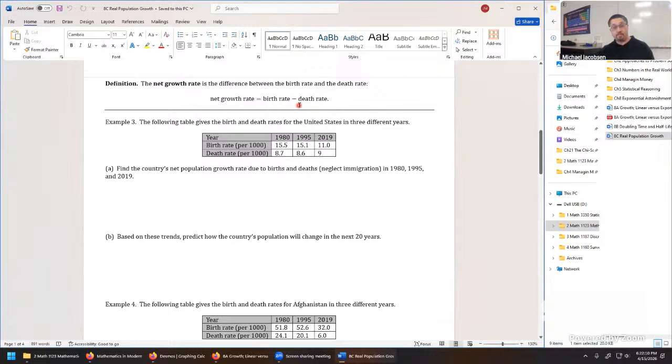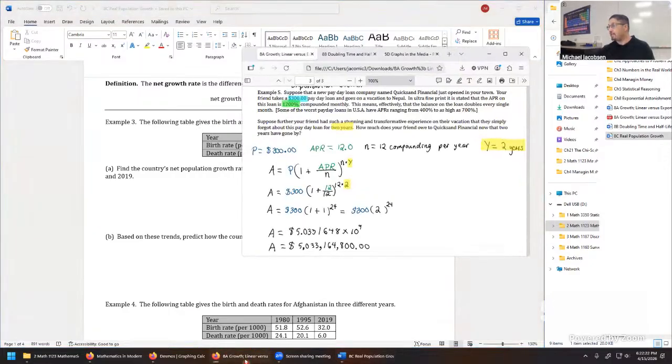So we'll focus a little bit on this formula here with the idea of thinking about the so-called real population growth. But another big reason our author calls it real population growth is pretty much because of problems like these that we did. This was from Unit 8A, and the idea was someone took a payday loan of $300.